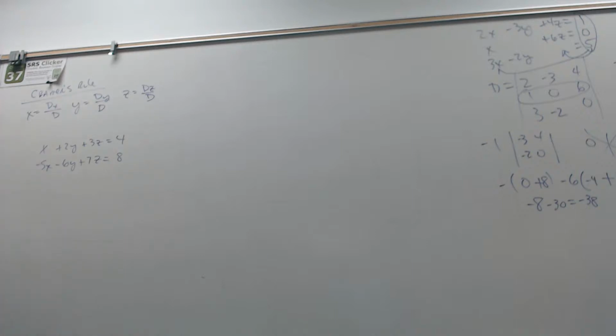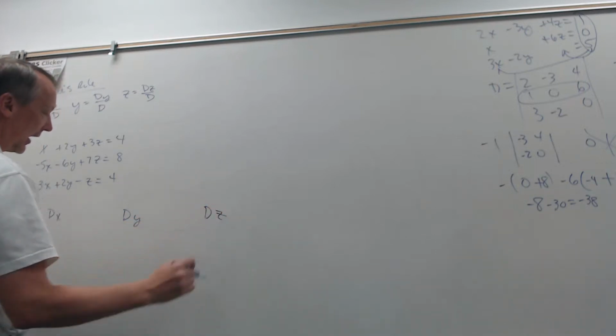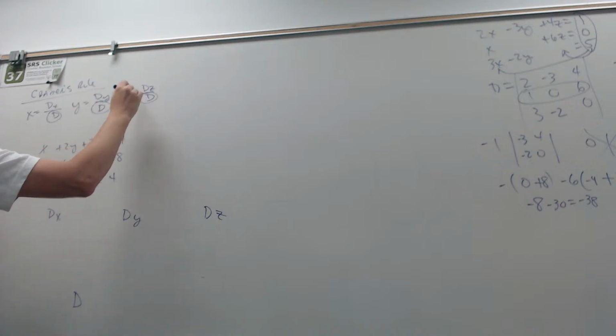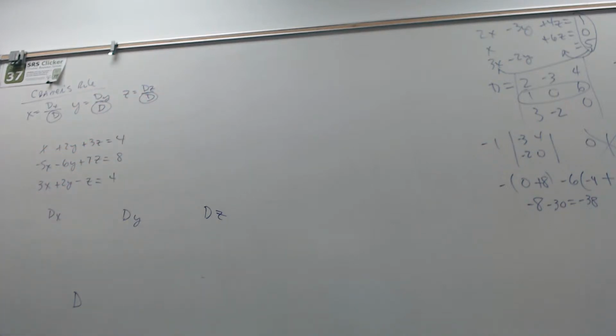These are going to be ugly, but it won't matter because it's Cramer's rule. 3x plus 2y minus z equals 4. I don't know. Now, the question is, can we properly define D sub x, D sub y, D sub z, and D? Remember, the D is always going to be the same on all three of these.